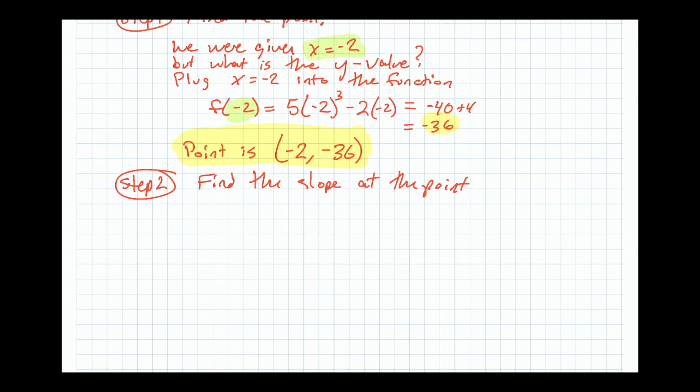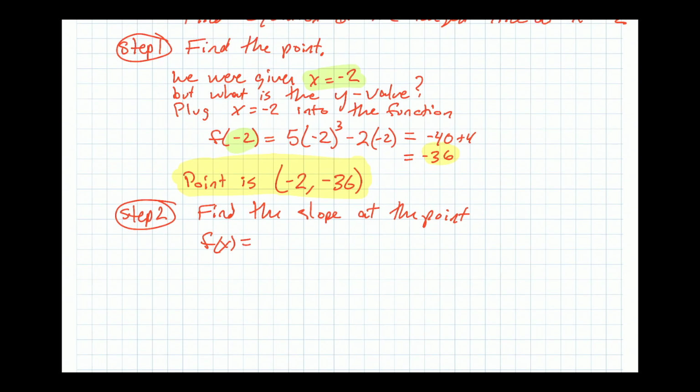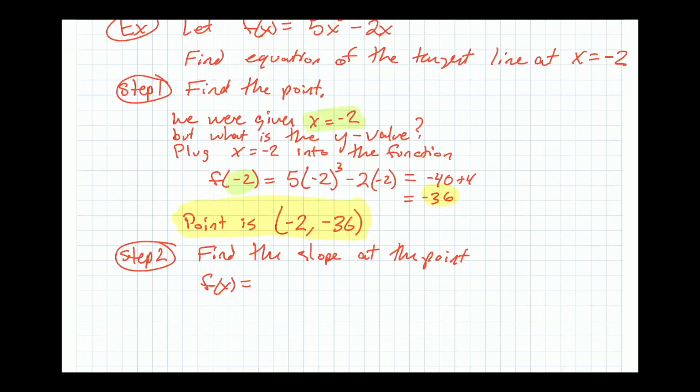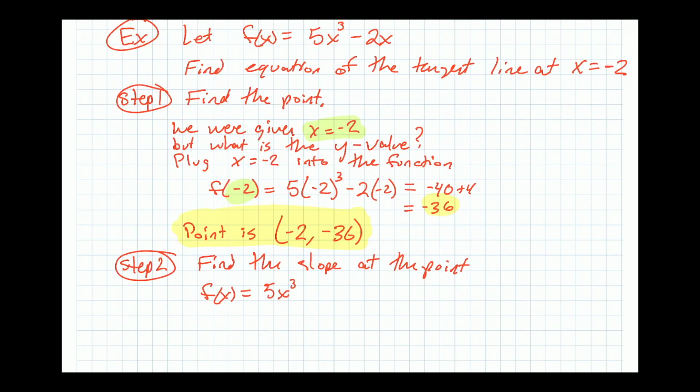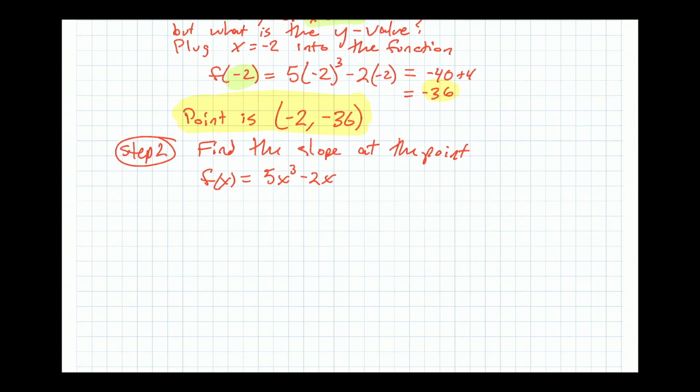All right? Now, the slope of the tangent line involves the derivative. So we need the original function, which is 5x cubed minus 2x. Okay? Now we need the derivative. So power rule.